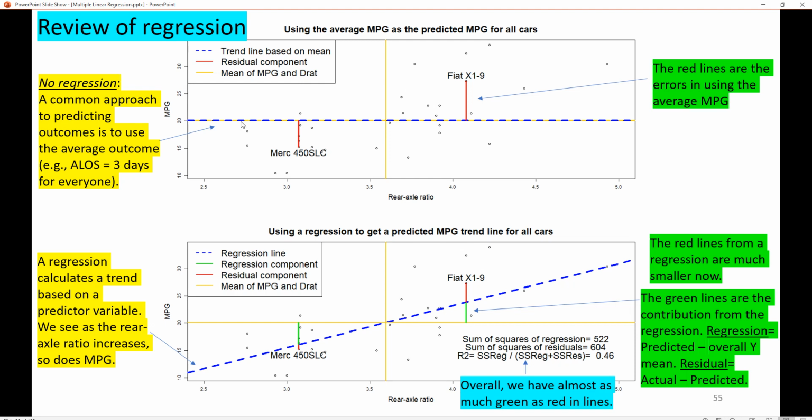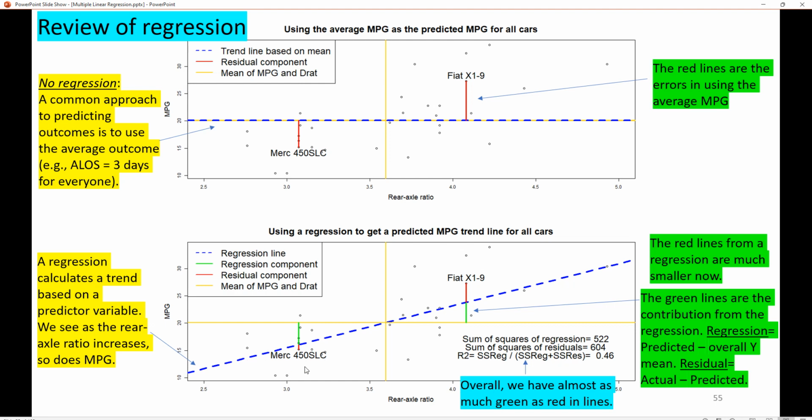And on the bottom half, this is what regression adds. A regression calculates a trend based on a predictor variable, in this case the rear axle ratio. We see as the rear axle ratio increases, so does miles per gallon.